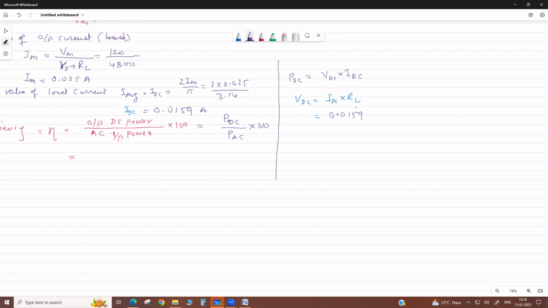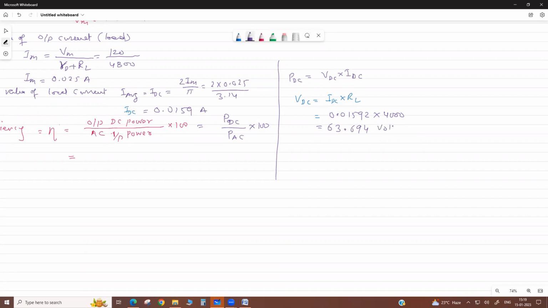It is 0.01592 into RL, and the load is 4000. My dear, this into 4000, if you do it, you get 63.694. Sorry, it is voltage first, okay?